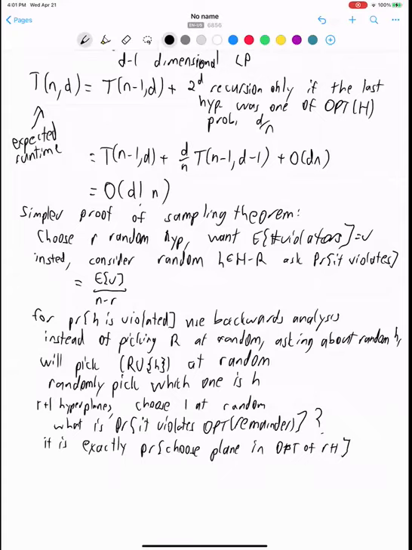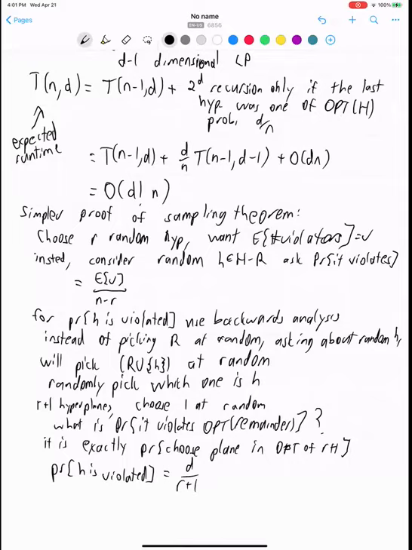Because any plane that is not part of the optimum is not violated if you throw it away and optimize what's left. That's what Seidel's algorithm relied on, right? So the probability that H is violated is just equal to d over r plus one, because there are d hyperplanes in the optimum.